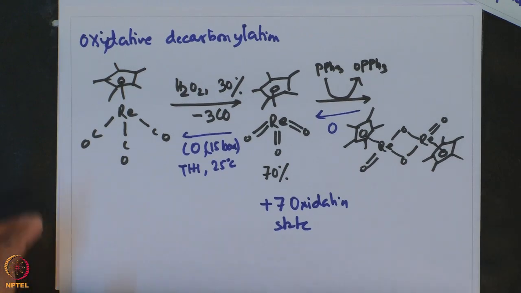So, with this we sort of covered the topic of Cp star transition metal carbonyl complexes, and we will move on to look at another interesting topic, which is Cp star transition metal nitrosyl complexes.